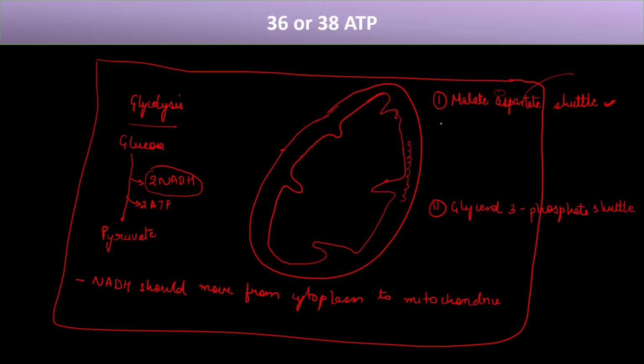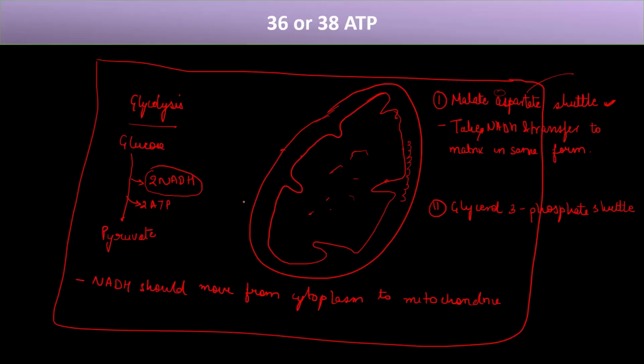It is a good shuttle. So what it does, it takes the NADH, and then ultimately it transfers it across the membrane into the mitochondrial matrix in the same form. So it takes NADH and transfers it to the matrix in the same form.